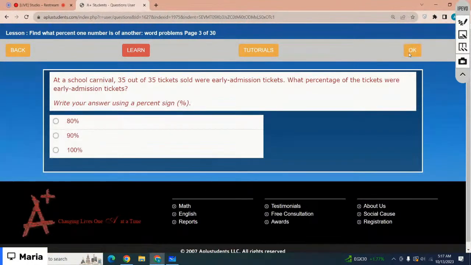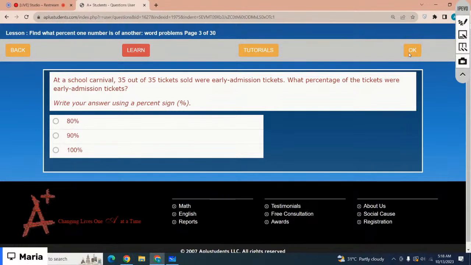Okay, at a school carnival, 35 out of 35 tickets sold were early admission tickets. What percentage of the tickets were early admission tickets? Which is the correct option? 35 out of 35.